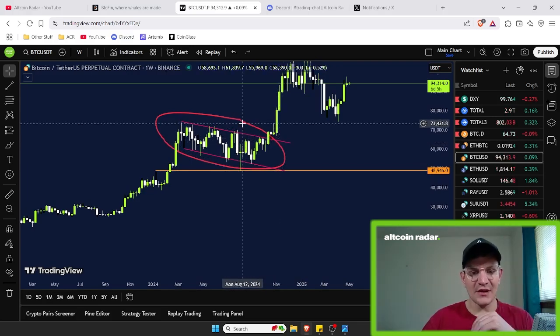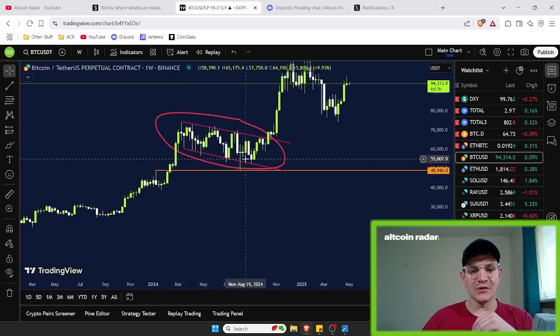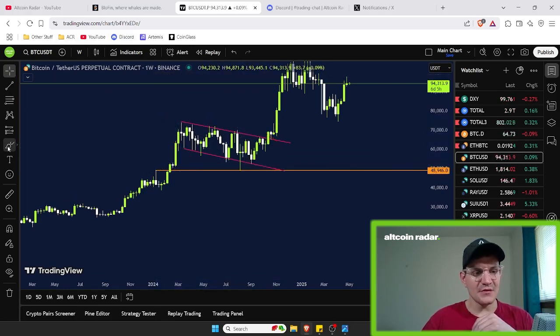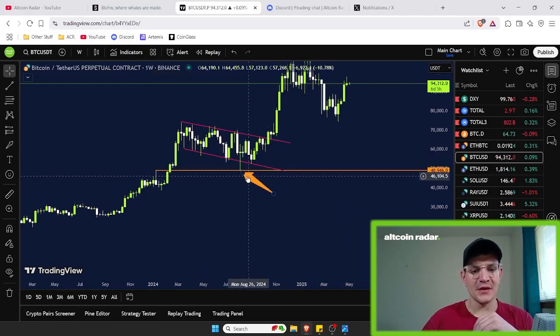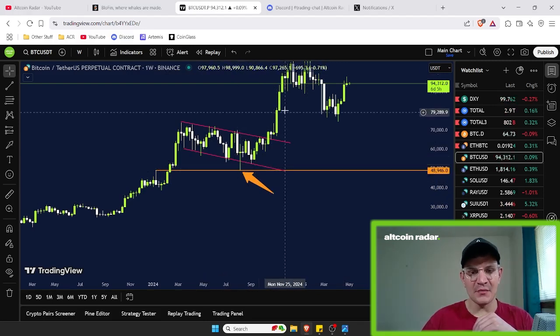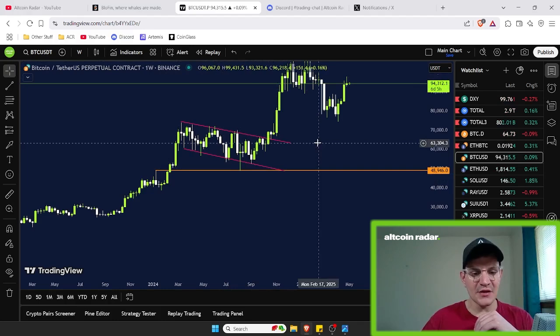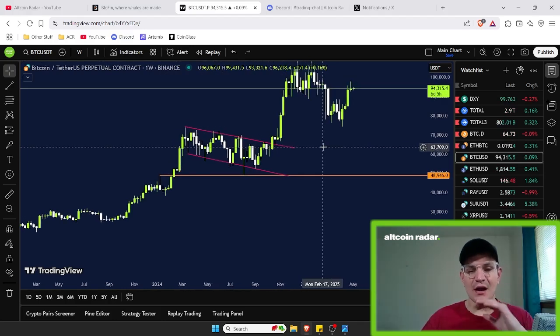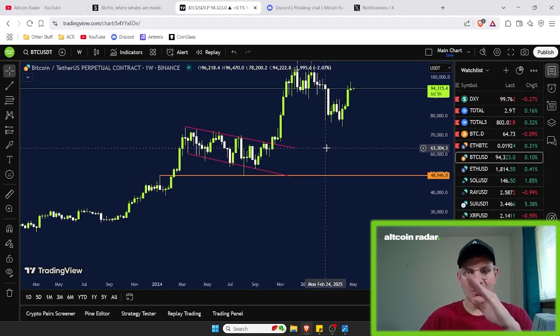We've got our bull flag right there, and we've got this higher low being created right here, on the overall macro time frame. This is the higher low that we created, and then we ended up going back up once again. That's what I'm talking about as far as creating higher lows in an uptrend when we are going upwards.